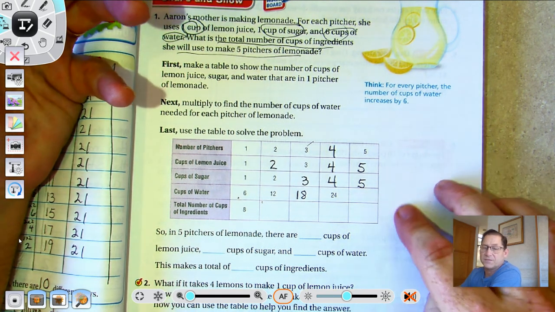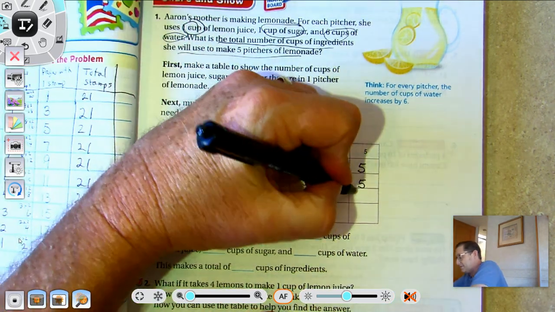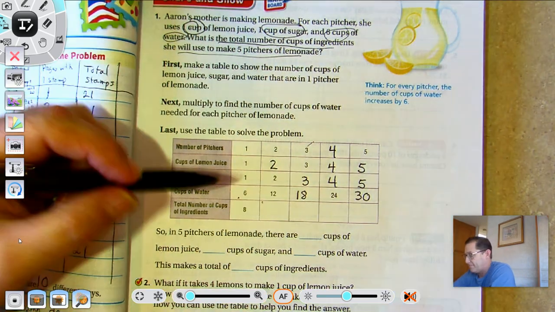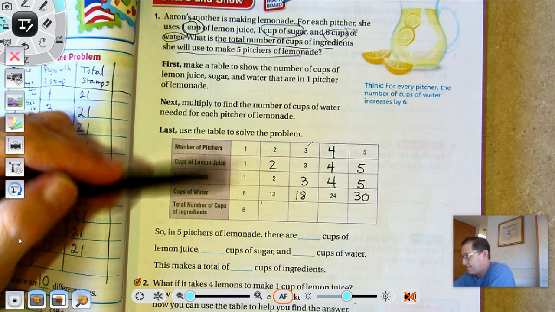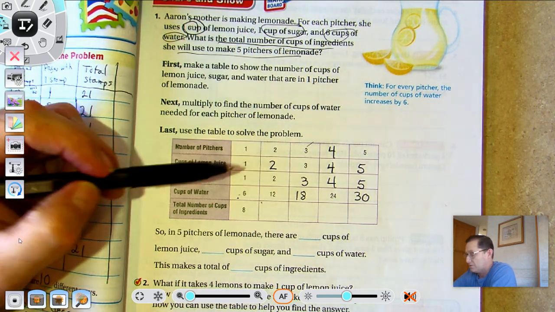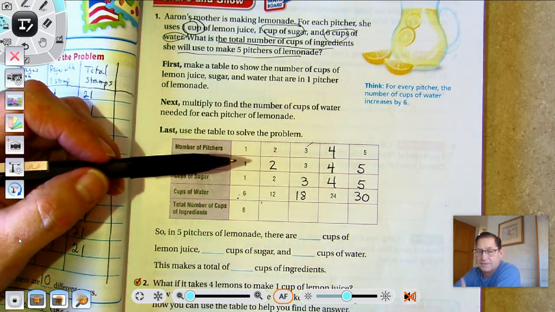We're doing 5 pitchers of 6, but we can read it as 6 times 5, right? And 6 fives is 30. All right. Then, for the total number of cups of ingredients, they added all of the cups for 1 pitcher. So if there's 8 in every pitcher, there's 8 cups of ingredients.